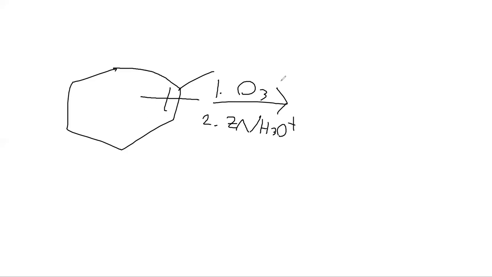I'll probably do cyclic first. Basically, you can draw the substrate as it was, but now this double bond that was here isn't here anymore. That bond is broken.